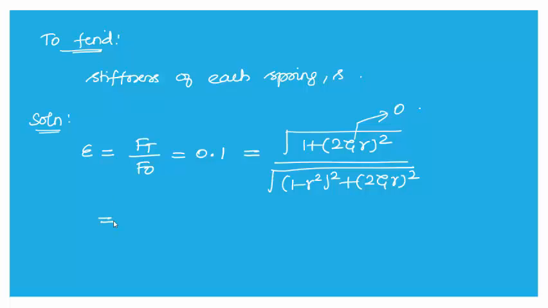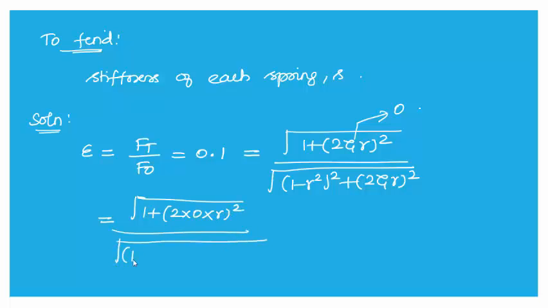So by substituting the value of zeta as 0 in the epsilon formula, this formula will get simplified as, so this term and this term will get cancelled.